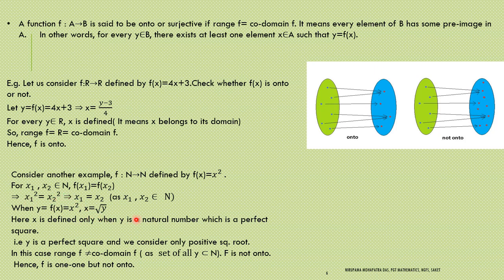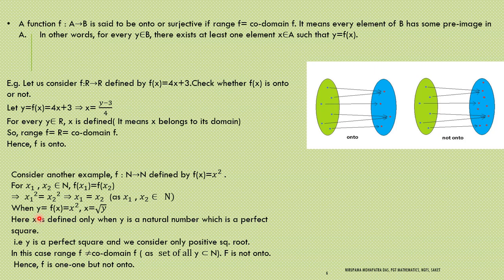So no negative values will be considered here. So as per our logic, f(x1) equal to f(x2) implies x1 equal to x2 on the set of natural numbers, so the function is one-one.